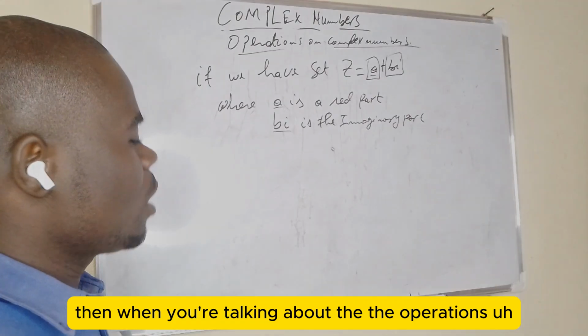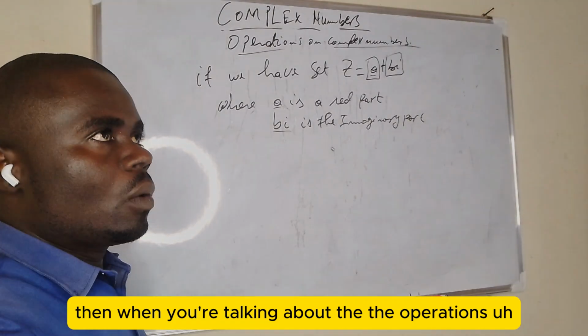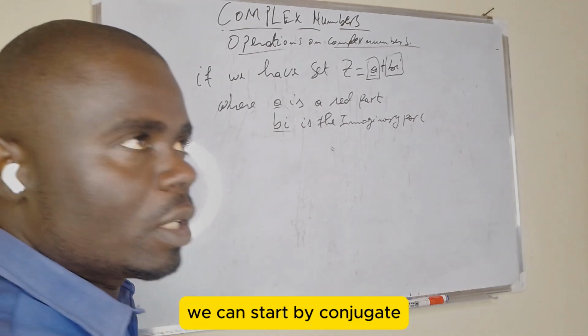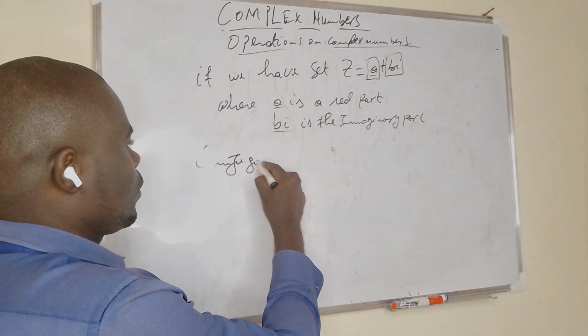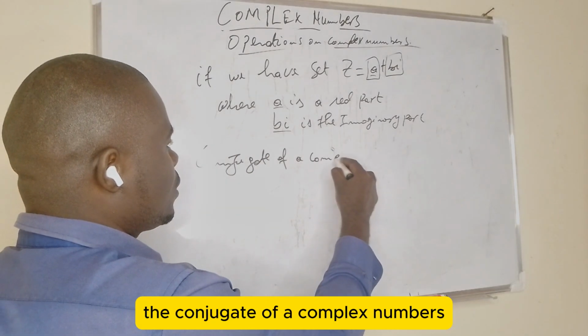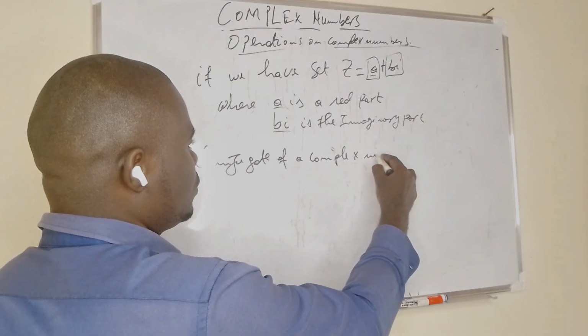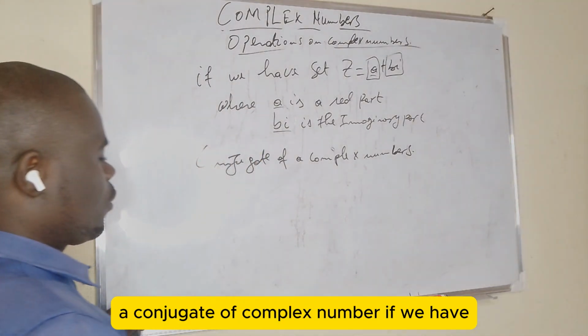Then when we're talking about the operations, we can start with the conjugate of a complex number.